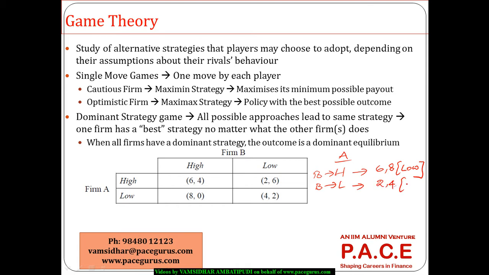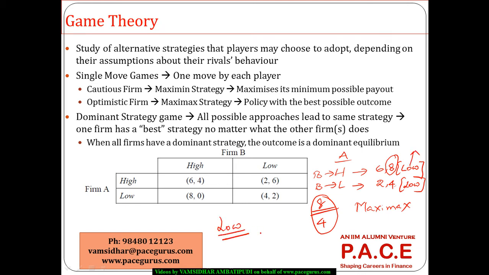Again, the highest payoff is 4, which is on a low. Now, if A is aggressive, the strategy he is going to follow is the Maxi Max. The Maxi Max tells me to take the maximum payoff of the various maximums that are coming. Out of 8 and 4, I'm going with 8, which means still a low.